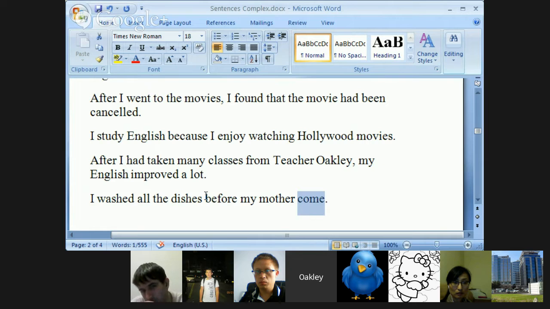No, before is okay. I don't have a problem with before, but since you got before, I'm worried about this verb tense because it's present tense now. So, okay, I think you need to have before my mother came.